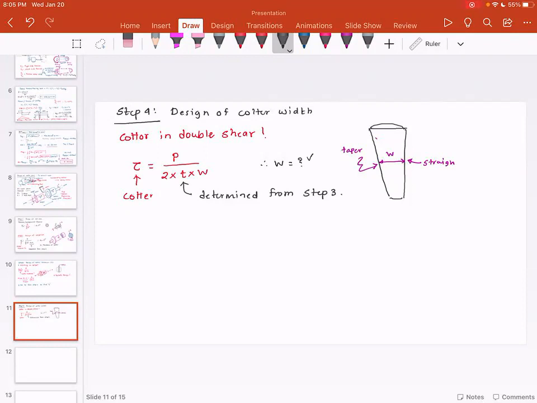Now this is sort of a conservative estimate, because some of you may ask me, if you look at the way the actual joint is, this is the spigot end, and this is the socket end.